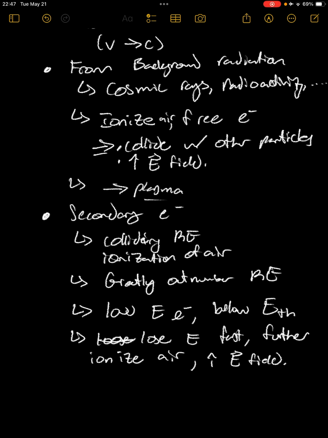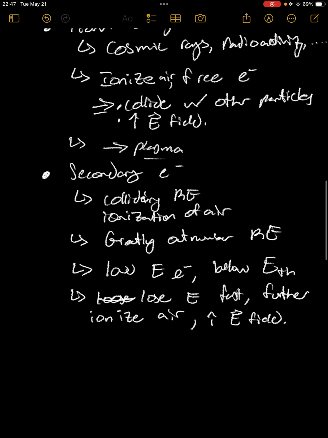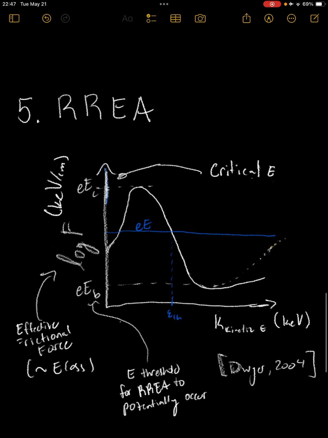So as you can see, this turns into a chain reaction. And this then leads to a RREA, relativistic runaway electron avalanche.